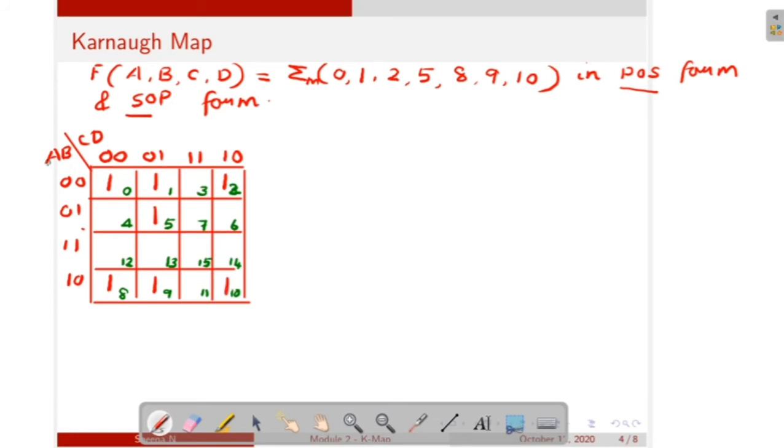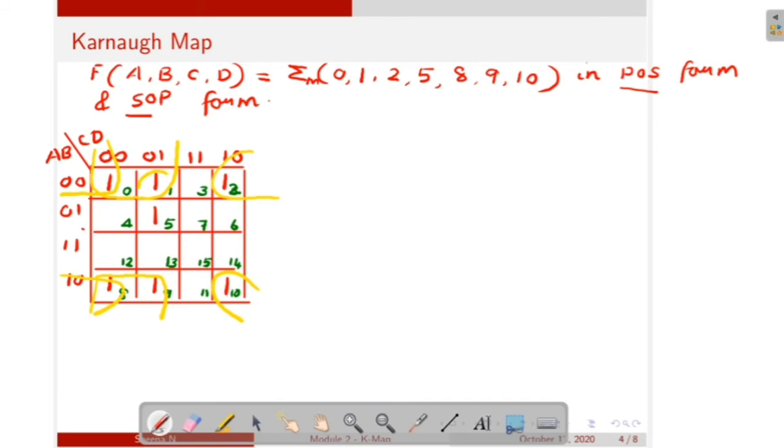Okay, next we can do the grouping. So here we can group these 2 pairs and these 2 pairs form a quad. Then we can again form a quad by grouping the corner elements like this.